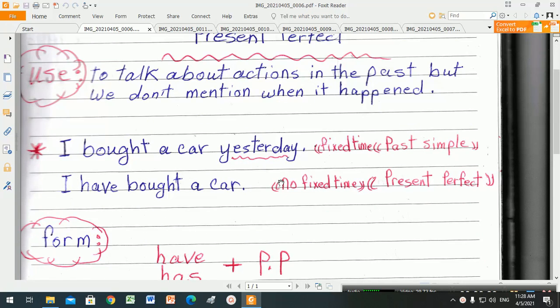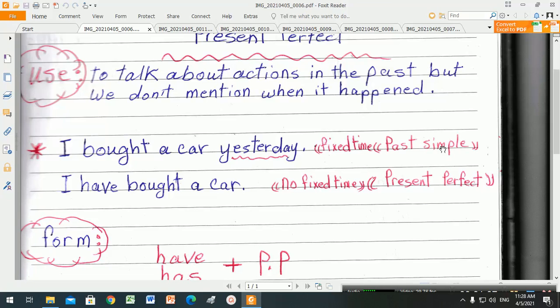For example, here are two examples. The first one is for the past simple and the second one is for the present perfect tense, okay? Why did I do this? Because I want you to know the difference between the past simple and the present perfect tense, okay? The first one, I bought a car yesterday.